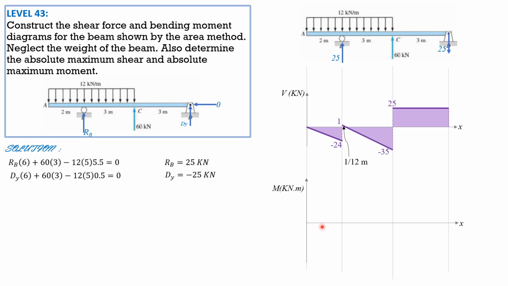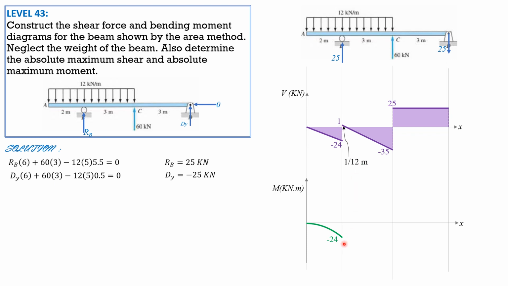From 0 slope to negative 24 slope, concave down like that, because that's first degree, this is second degree. So negative 24. Then we have a positive area which is very small, 1/2 of 1 over 12, 1 over 24 times 1, so 1 over 24.